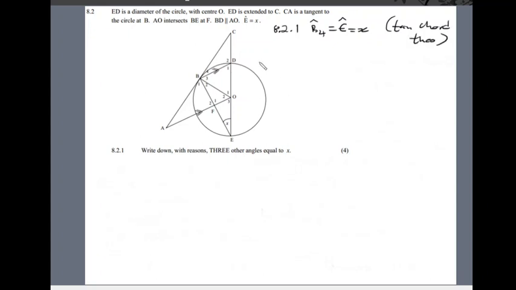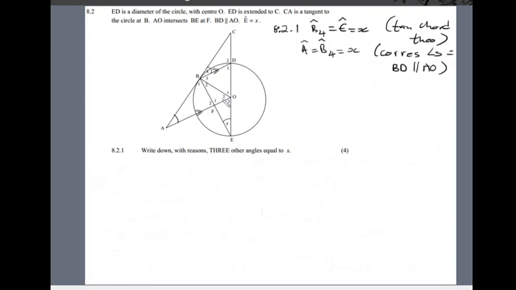Right? And then now I can see that B4 and A are equal because BD and AO are parallel. Those are corresponding angles. So I'll have A equal to B4 equal to x, right? Corresponding angles are equal, BD is parallel to AO.